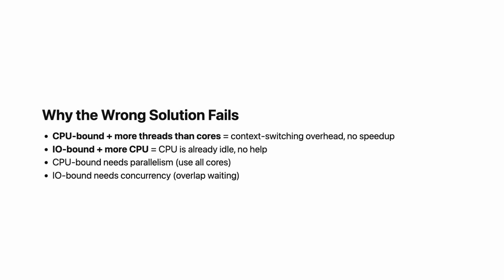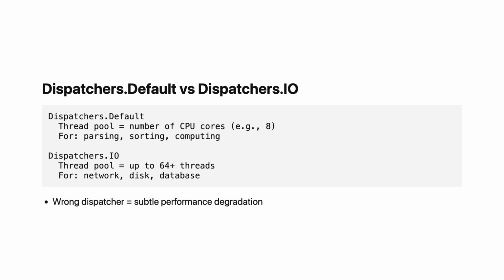Dispatchers.IO is backed by a thread pool that can grow to 64 threads or more. Why so many? Because I/O-bound threads are mostly idle. They are just waiting. Having 64 threads waiting for different I/O operations costs very little CPU. Each thread uses some memory for its stack, but the CPU can switch between them trivially, because none of them are actually computing.